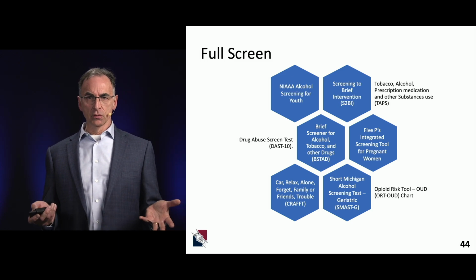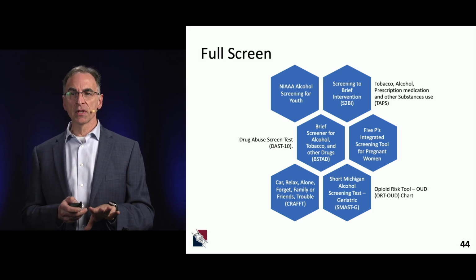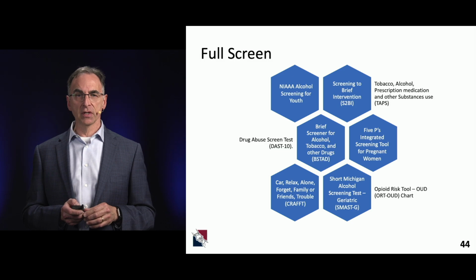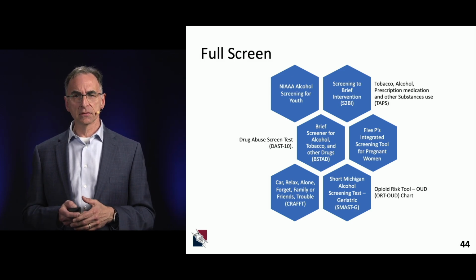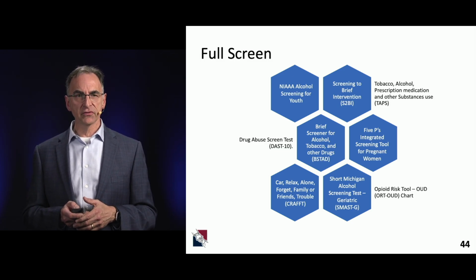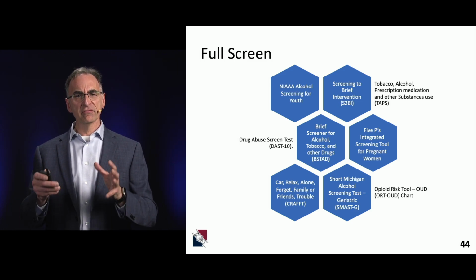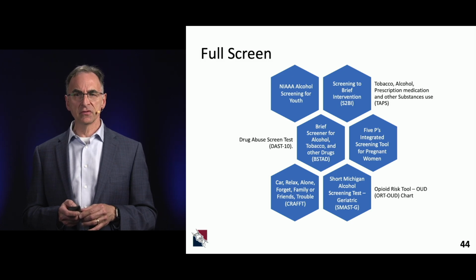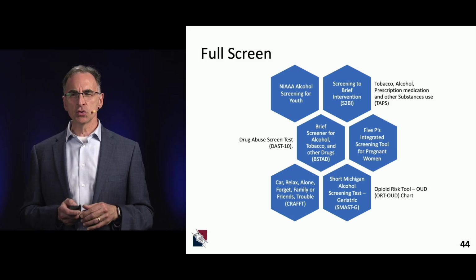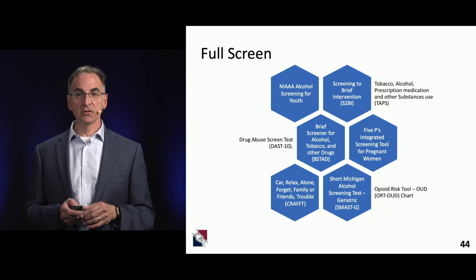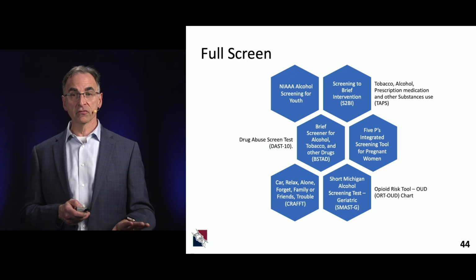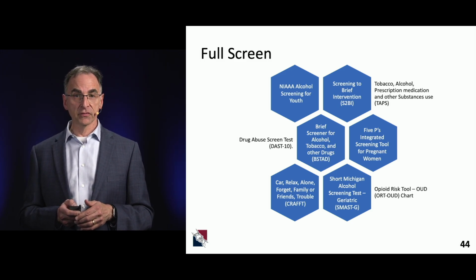Full screening tools are administered after an individual has screened positive on a pre-screen or may be administered alone. Full screening tools ask a series of validated questions that assess the severity of an individual's substance use. Depending on the tool used, full screens can be administered as self-reports or as part of a verbal interview.